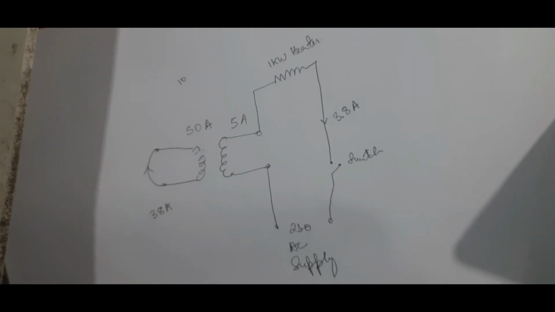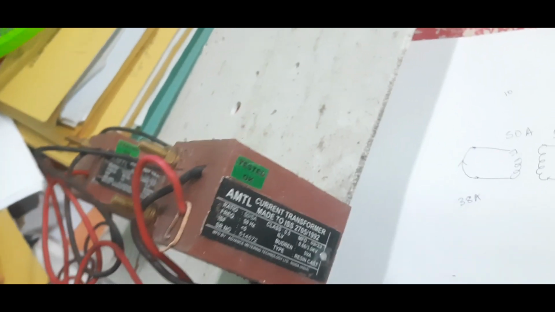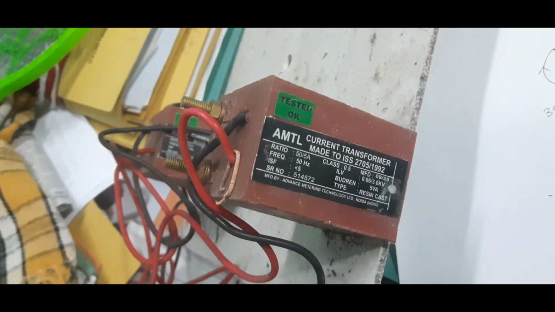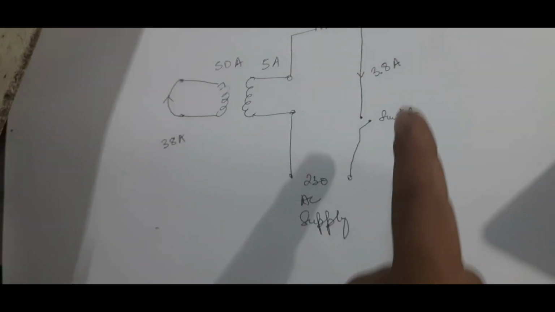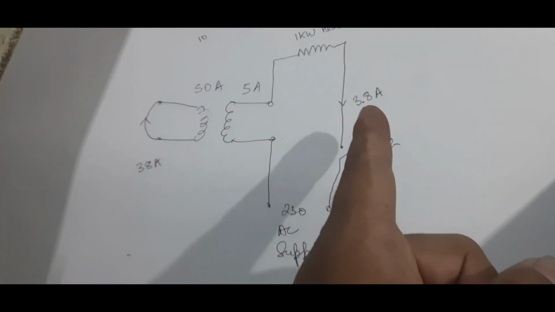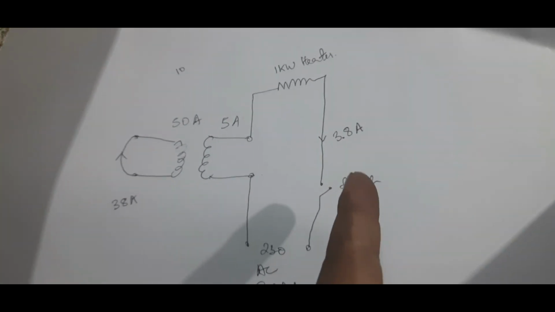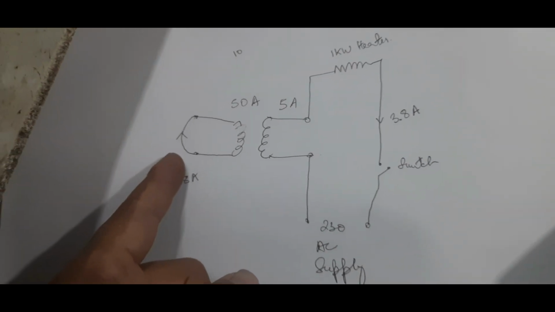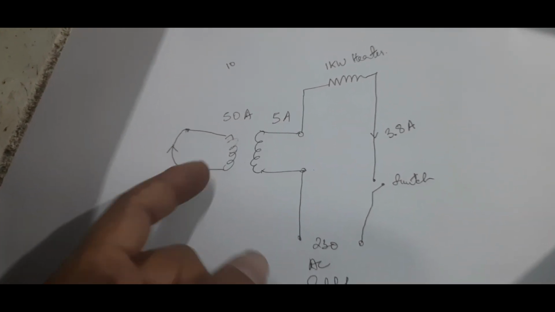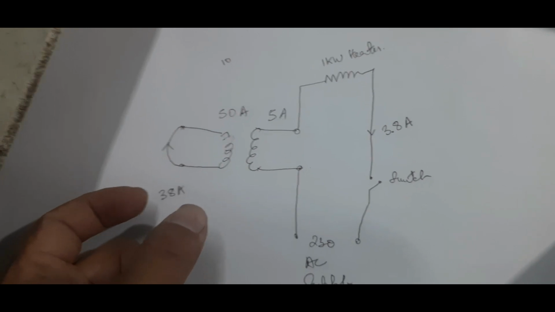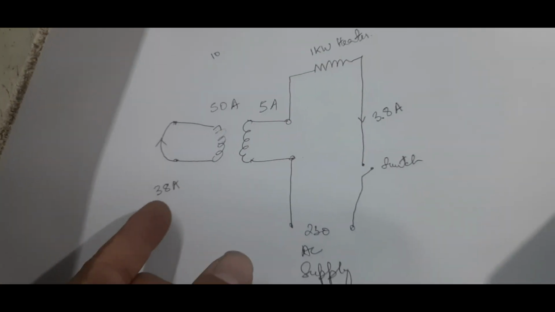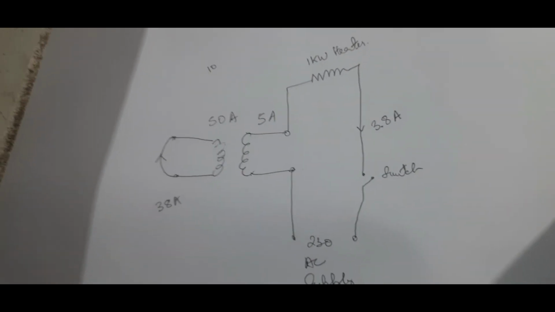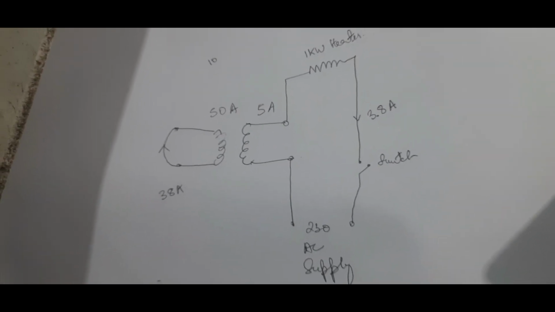Then I'll use a clamp meter to measure the current in the primary. If I am getting around 38 or 39 or 37, that means the ratio is fine. That is how I check the CT ratio.